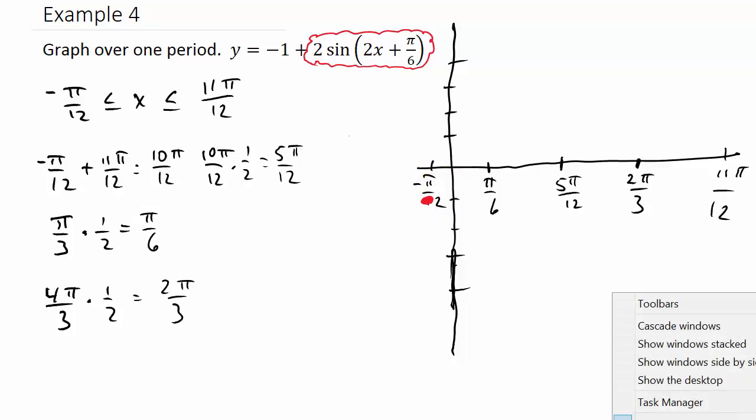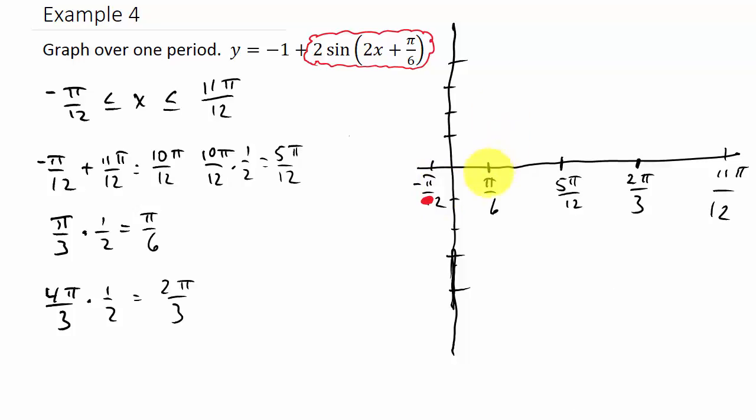And then the next value, it goes to its maximum. In this case, its maximum would be 2. See that? 1, 2. But we're subtracting 1, so 2 minus 1 is 1. And then it goes back to 0, but we're subtracting 1, so it would be down here at negative 1.